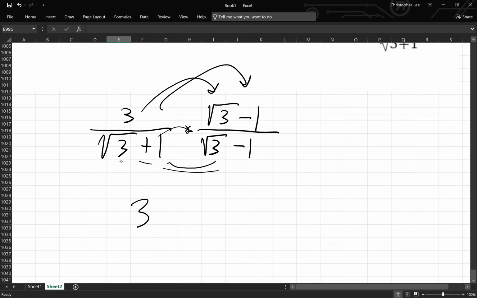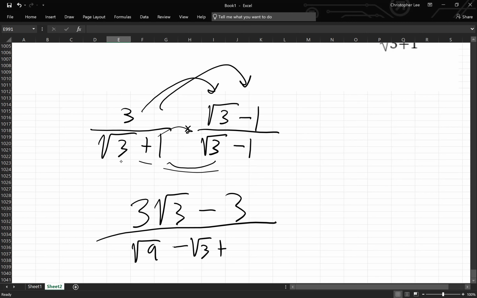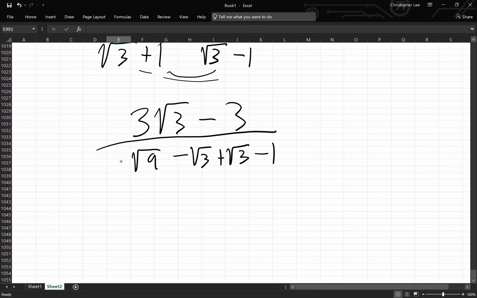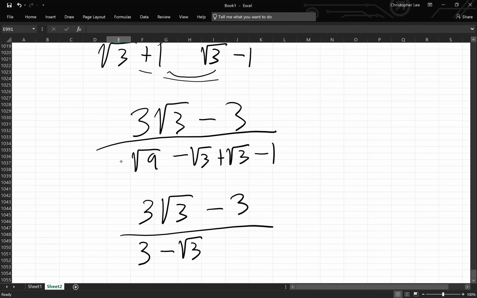So I should have 3 square root 3 minus 3 over 3 minus square root 3 plus square root 3 minus 1.